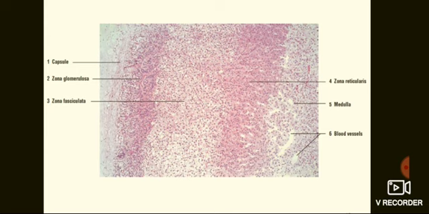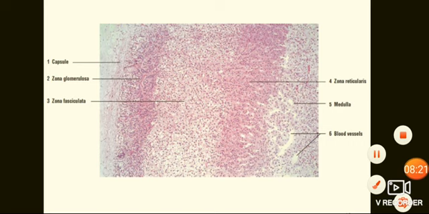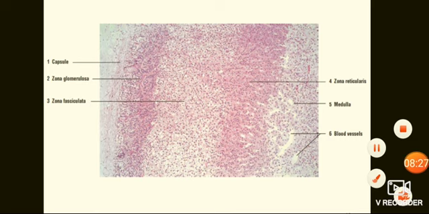So the effects of these hormones include increased blood pressure, increased heart rate, increased blood sugar level, and dilatation of the coronary blood vessels, etc. So this is all about the histology of the adrenal gland.